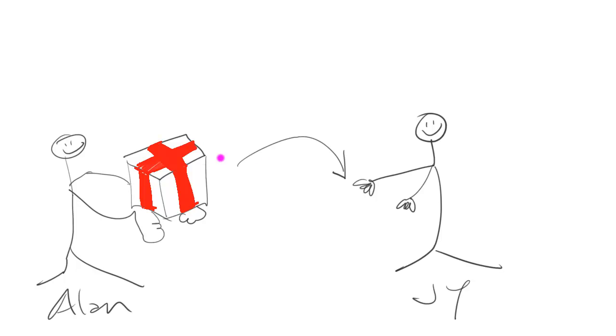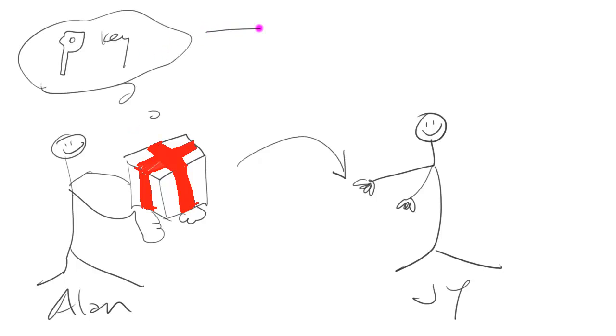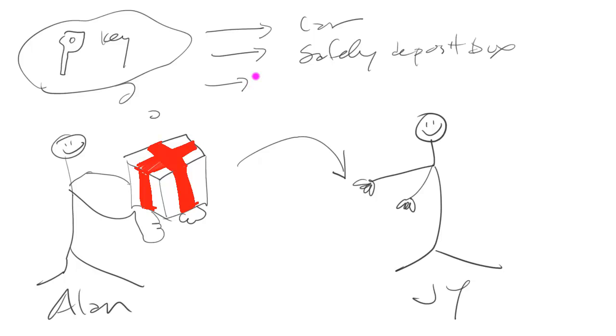Here's an example. Let's say Alan is going to give something to JY. In the box is a key, perhaps to a car, maybe to a safety deposit box, maybe to a big piece of furniture locked away in storage.